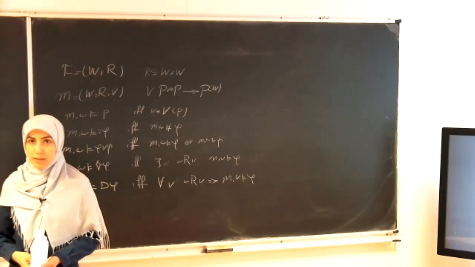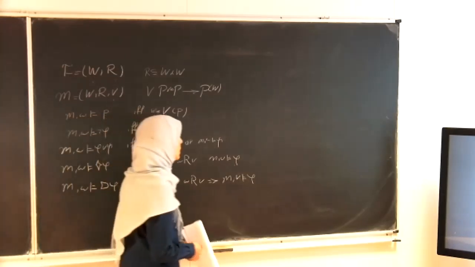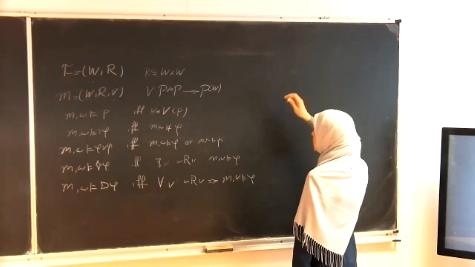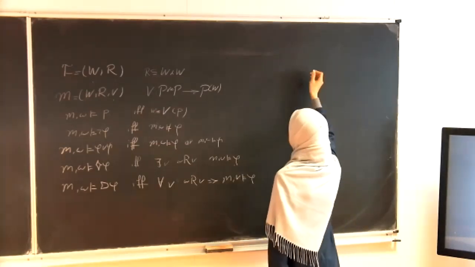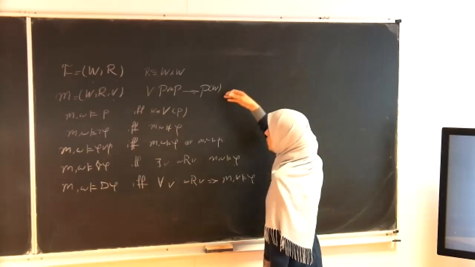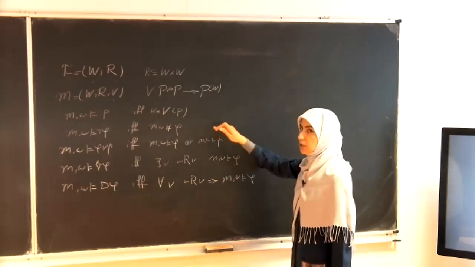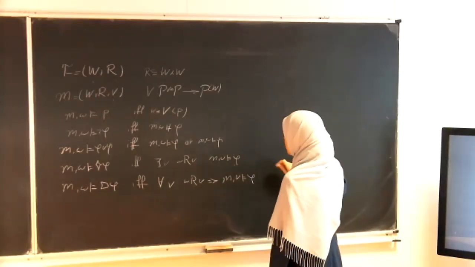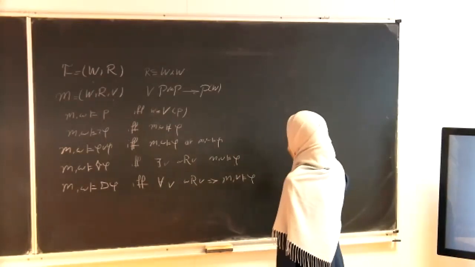We studied c-semantics. As we said, in c-semantics, the satisfaction relation is defined in this way. For propositional variables, negation and disjunction, we have the same definition. But for box and diamond, we have a new definition.